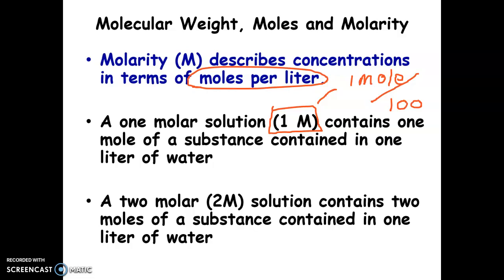So it's 1000 ml. Okay, and you remember from the last one we did, 1 mole is 6 times 10 to the 23rd molecules of whatever substance you're looking at. Okay, so same thing, if you're looking at 2 molarity, you just change the numerator to 2 moles, and that becomes 2 molarity.